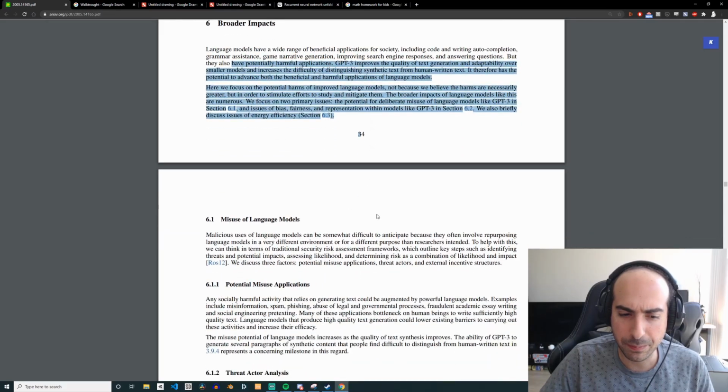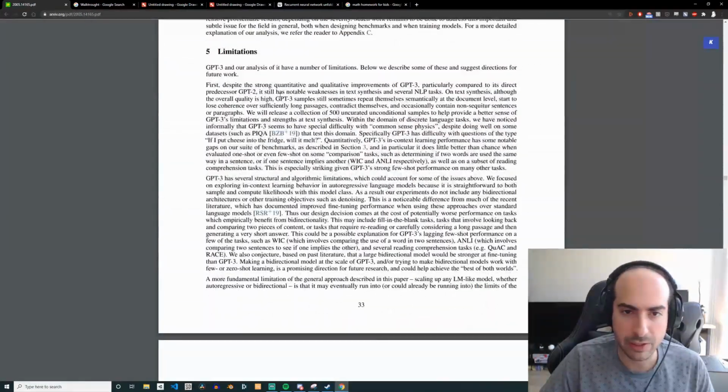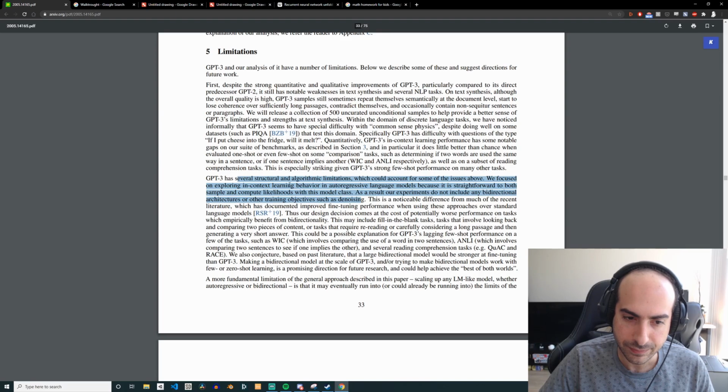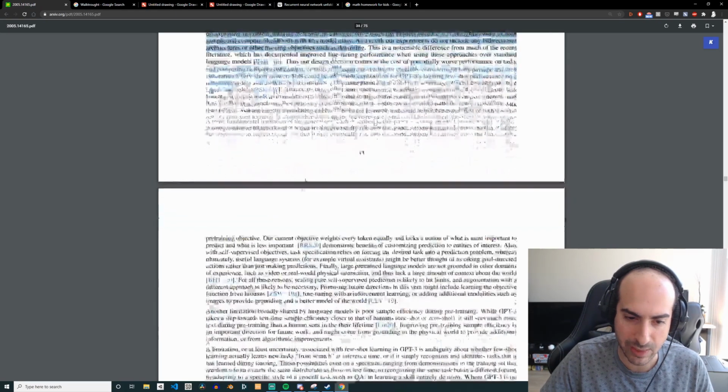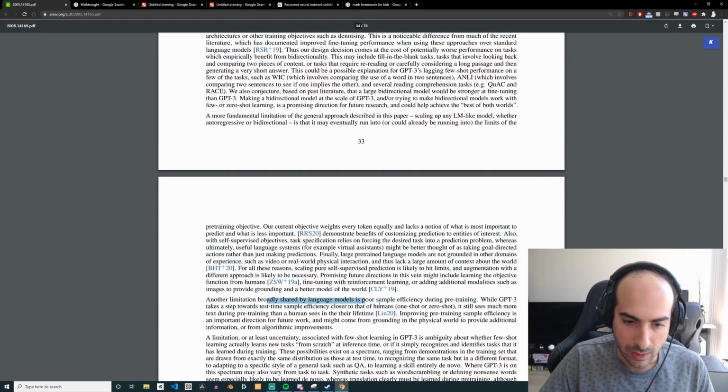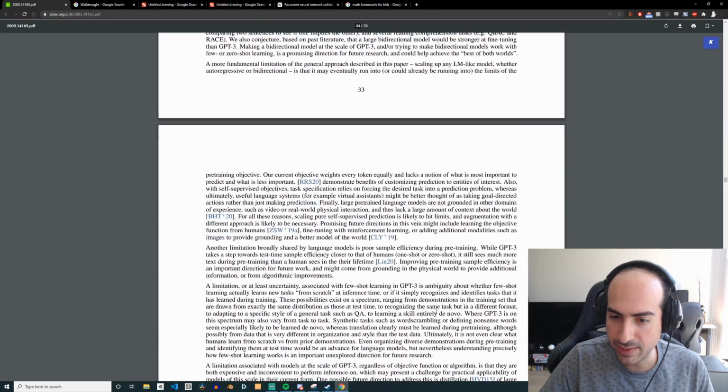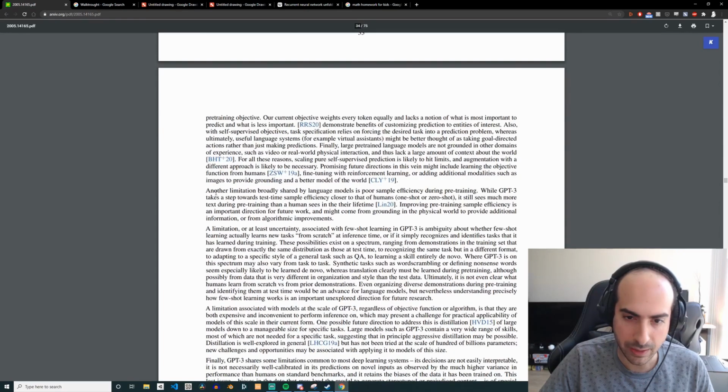So let's see here, what other limitations do they talk about? They say it's pretty weak in text synthesis, but the overall quality is still pretty good. It has some algorithmic limitations around the bidirectionality and sparsity. It has poor sample efficiency during pre-training.